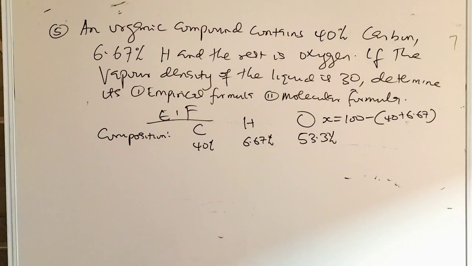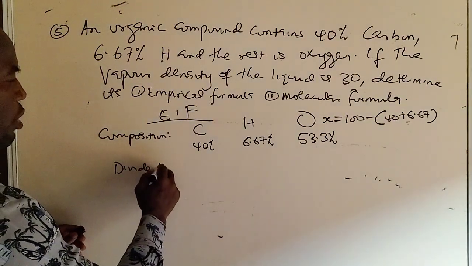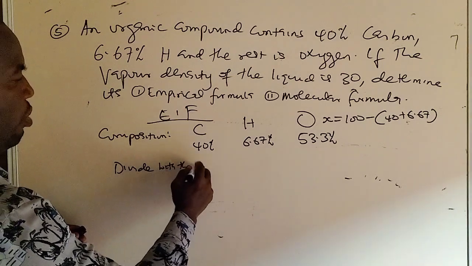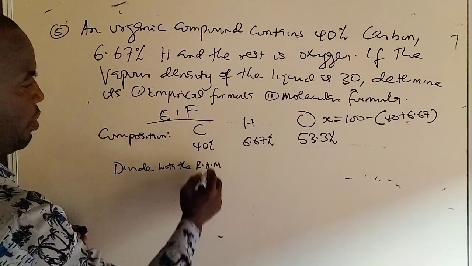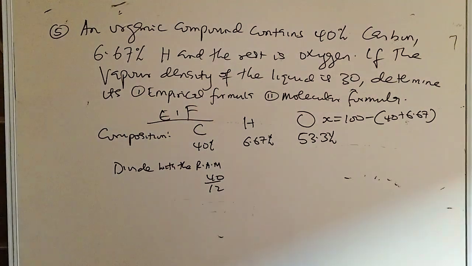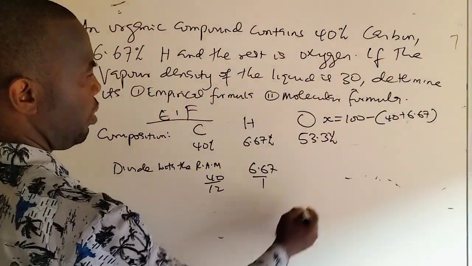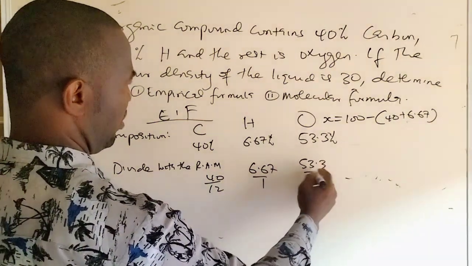So having obtained the percentages, the next step is to divide each by the relative atomic mass of the element. Carbon, the mass is 12, divided by 12. Hydrogen, the mass of hydrogen is 1, divided by 1. Oxygen, the mass of oxygen is 16.